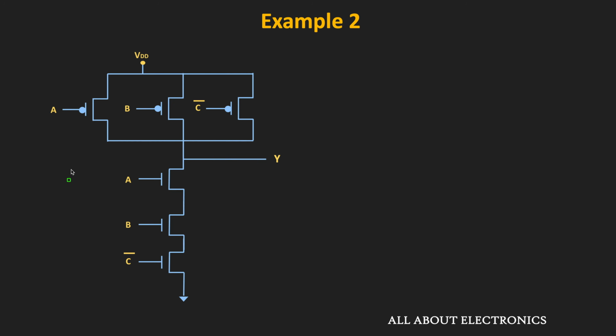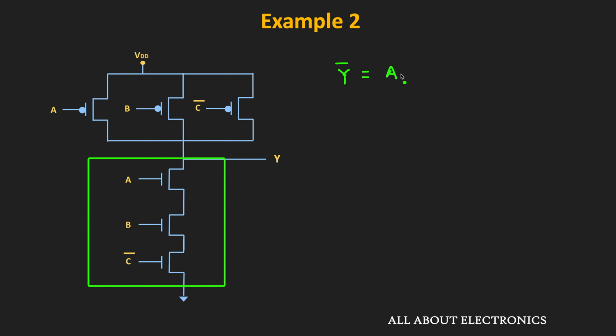In this circuit, if you just take the NMOS network, then this network will pull down the output to the logic 0 when both A and B inputs are 1, and similarly, C bar is also equal to 1. That means Y is equal to 0 or Y bar is equal to 1 when both A and B are 1, and at the same time C bar is also equal to 1.